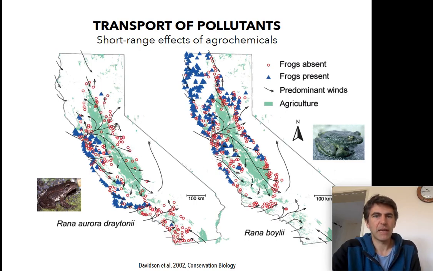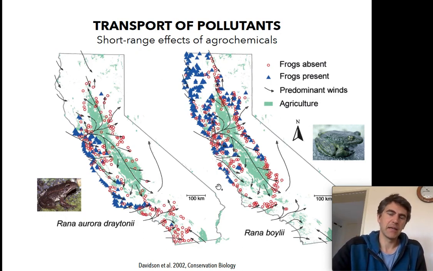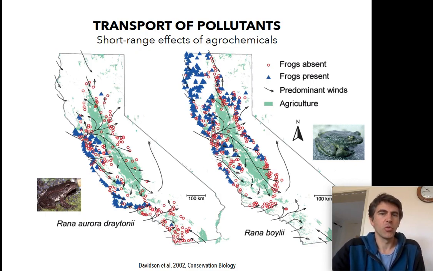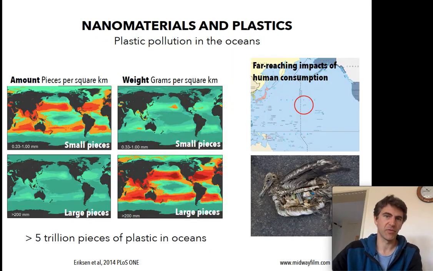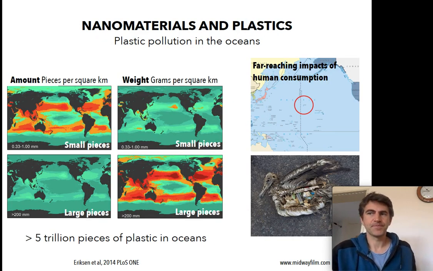So frogs absent both for this species and for this other species here. They are obviously being affected by the transport of pollutants through wind at a local landscape scale. This is also quite interesting, and it's something other than the spread through water. Wind can also spread some of these things, sometimes called fertilizer drift, through the landscape.